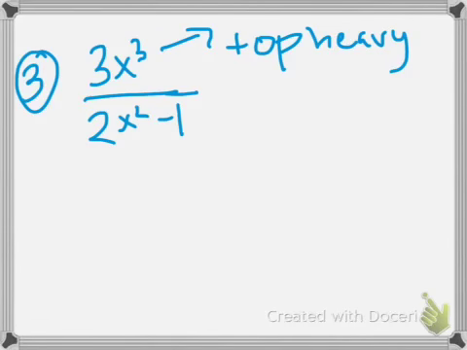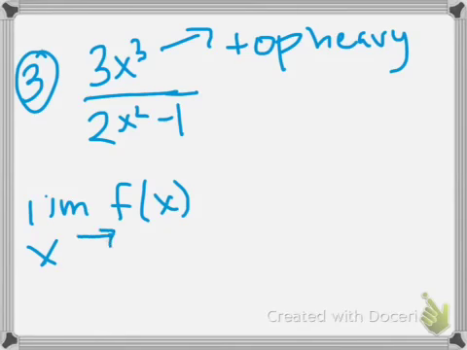If it's top heavy, then the limit of f of x as x approaches positive or negative infinity is positive or negative infinity. That's your answer. If it's top heavy, it's infinity.